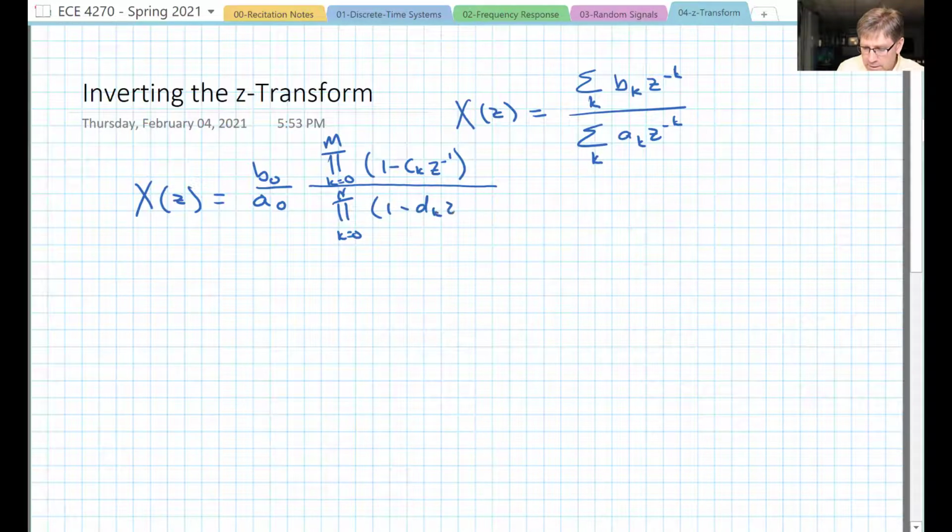Okay, so this is just a factoring operation.